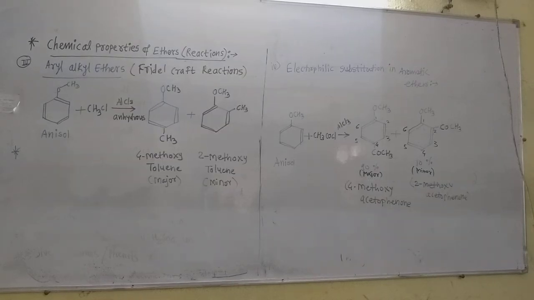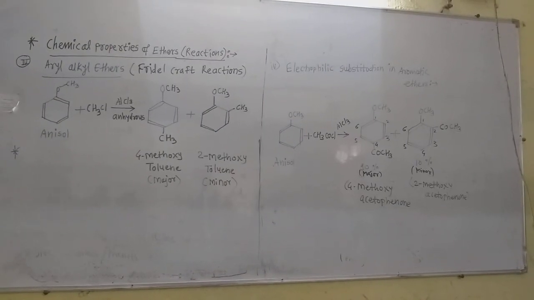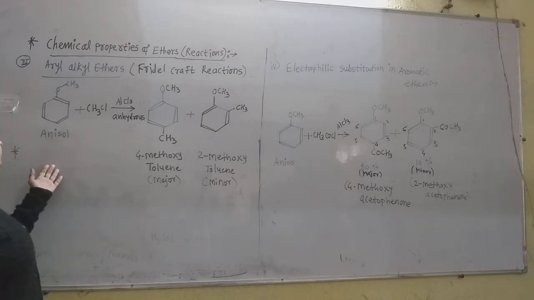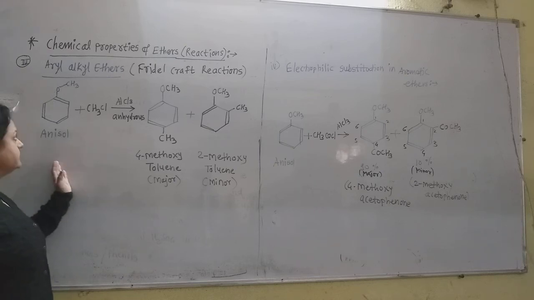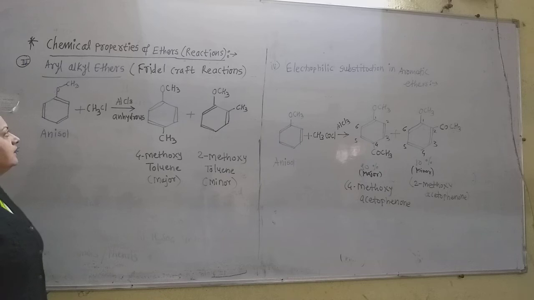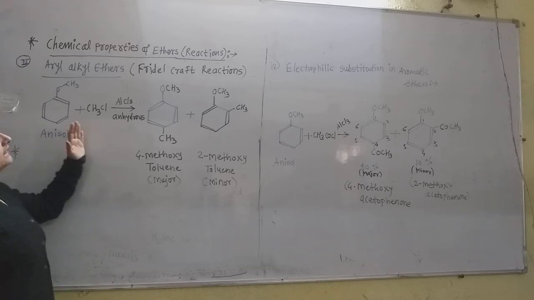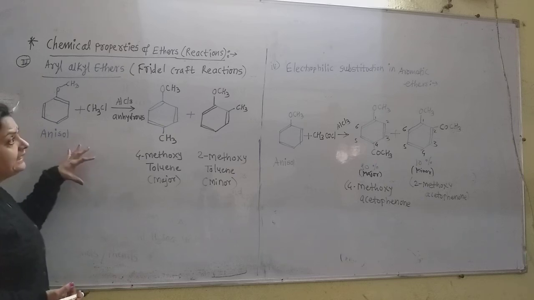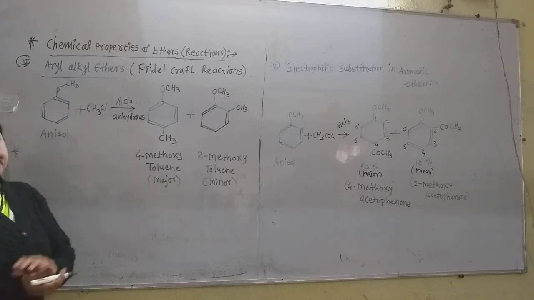Now let us see the last reaction of these aryl alkyl ethers. This is also an aryl alkyl ether, anisole, also called methyl phenyl ether. In the Friedel-Crafts reaction there are two types, alkylation and acylation.